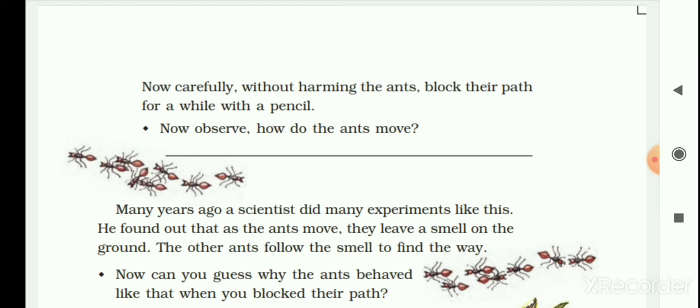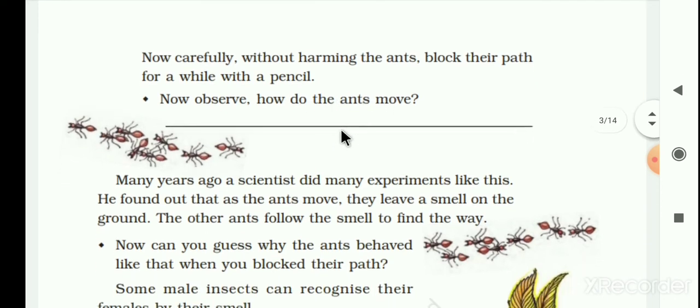Okay? So you take the help of a pencil or some stick and block their path and just wait and watch what happens. Now observe how the ants move. Observe whether they move in a zigzag or they move back.